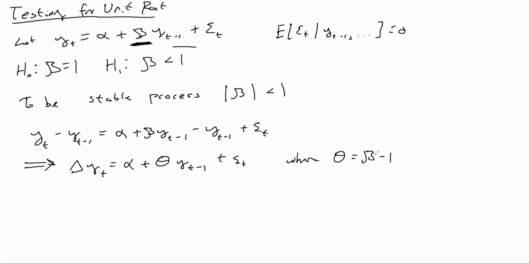This is useful because with theta, we can now use a t-test. Before, we were kind of stuck at 0 or greater, but now this can test whether the absolute value of beta is less than 1. So now we can test, is there a unit root?